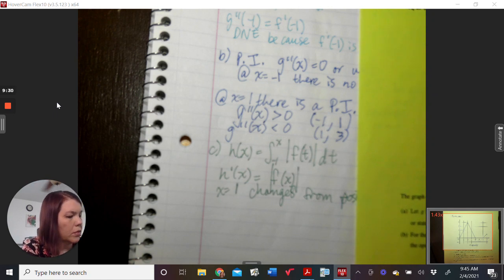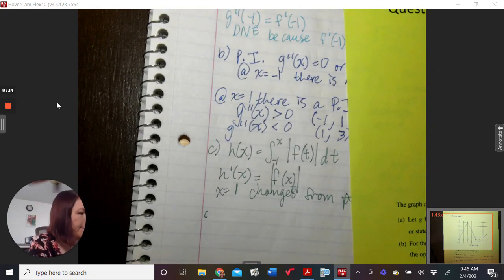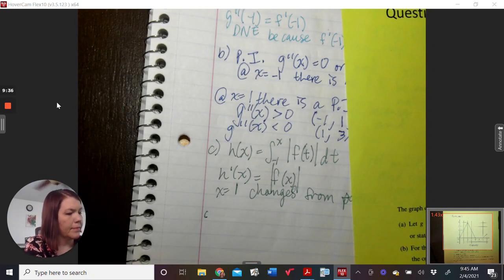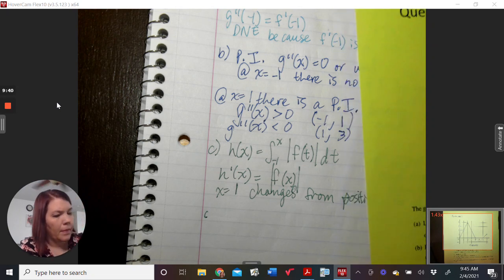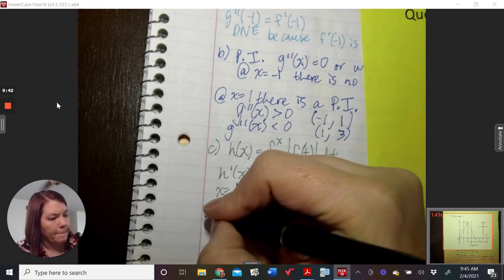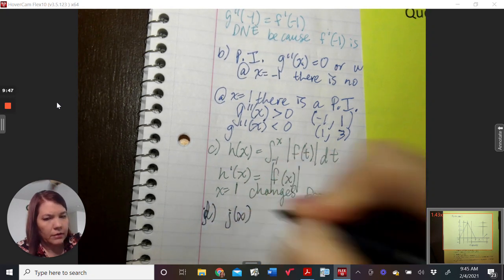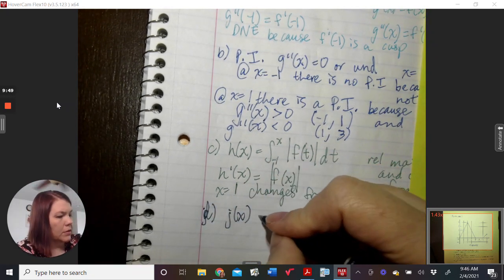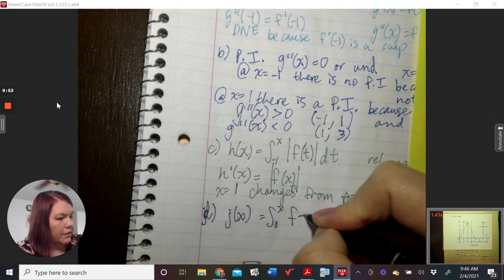Let J of x equal the integral from 0 to x of f of t plus 2 dt.